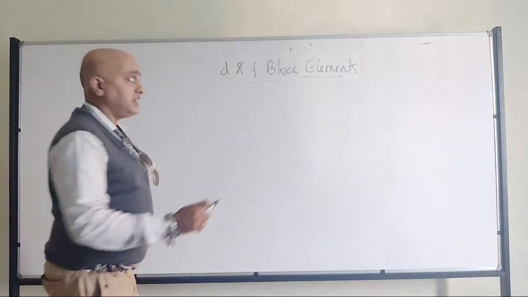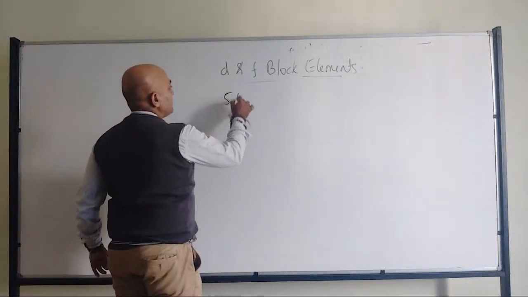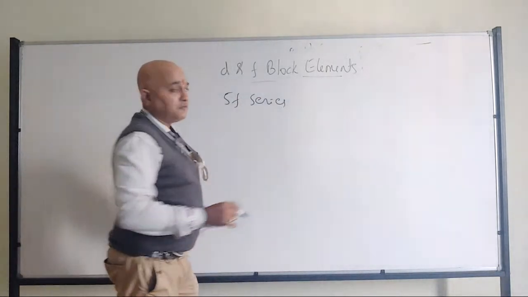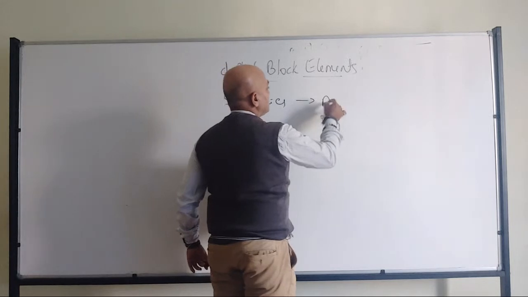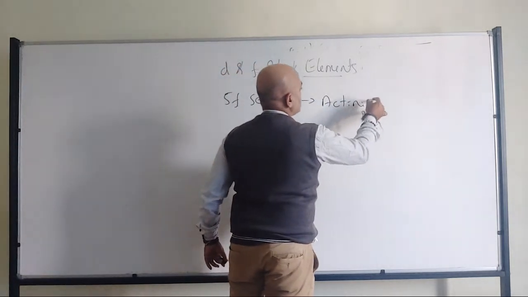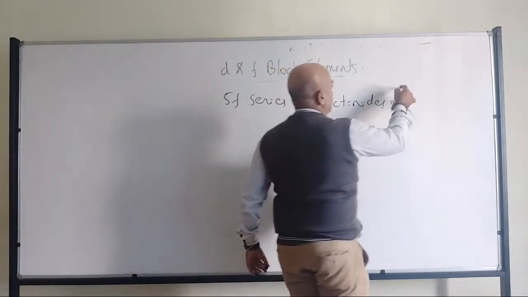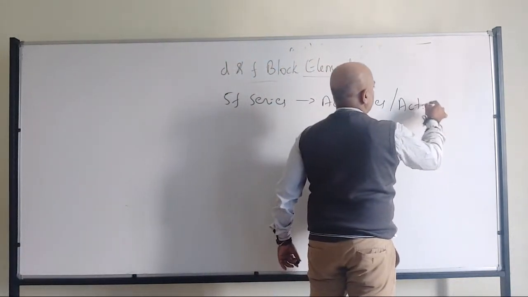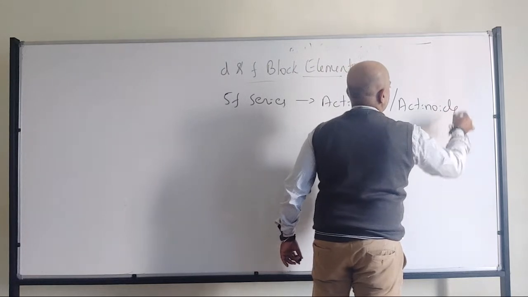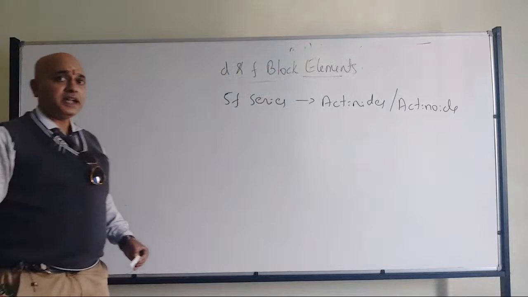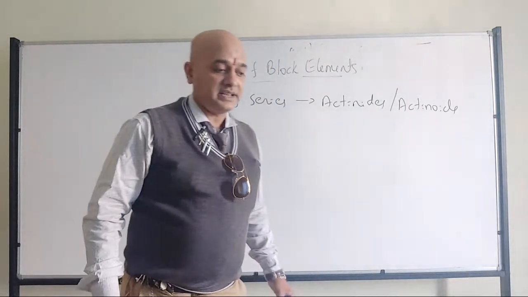Now we will come to the next one, that is the 5F series, which are called actinoids, or you can write actinides or actinoids. That's how we can represent it.